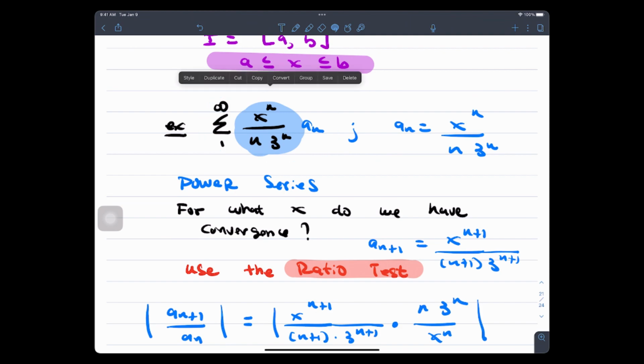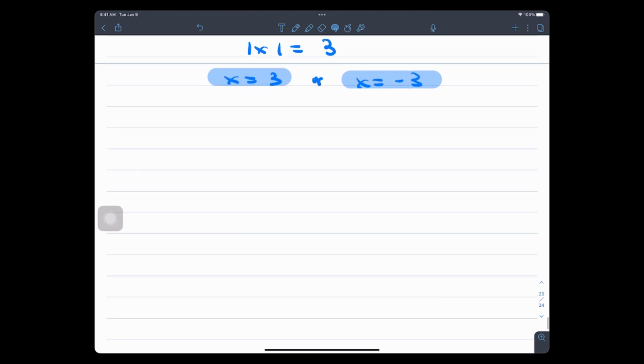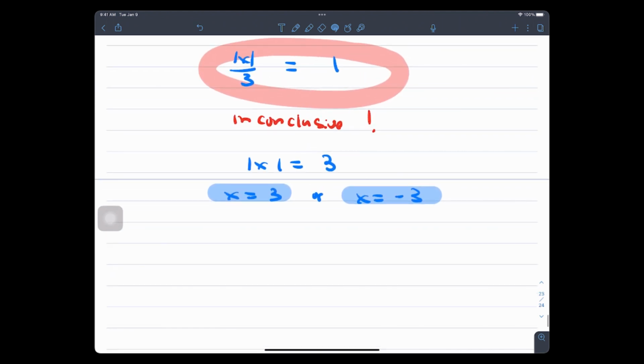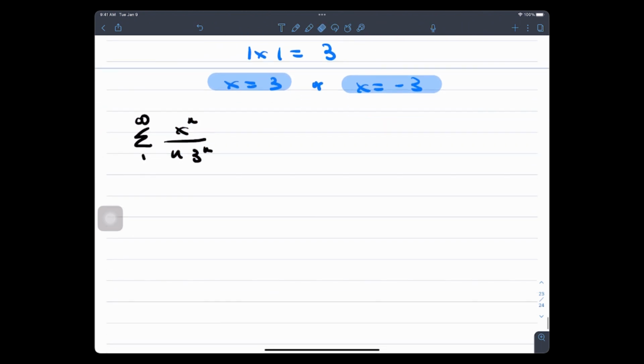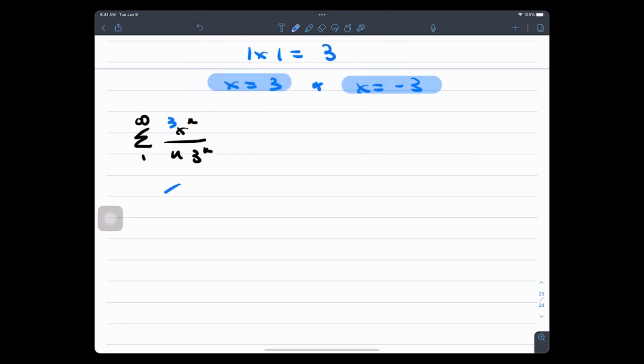Go back to the series. Because this is when it's inconclusive. You got to go back and plug what? Plug in 3 for x. So this is 3 over here. You're going to let x be 3 now. That gives you 3 to the n over n times 3 to the n.